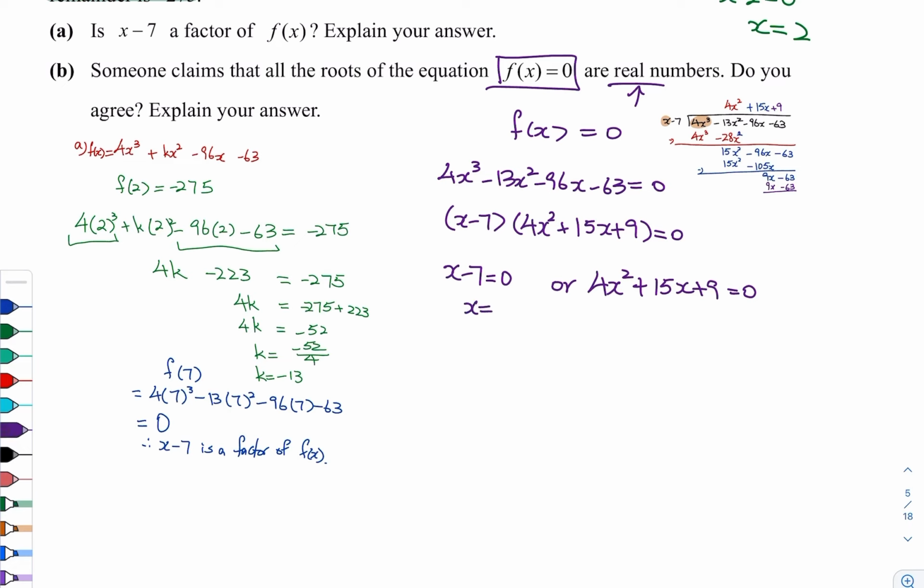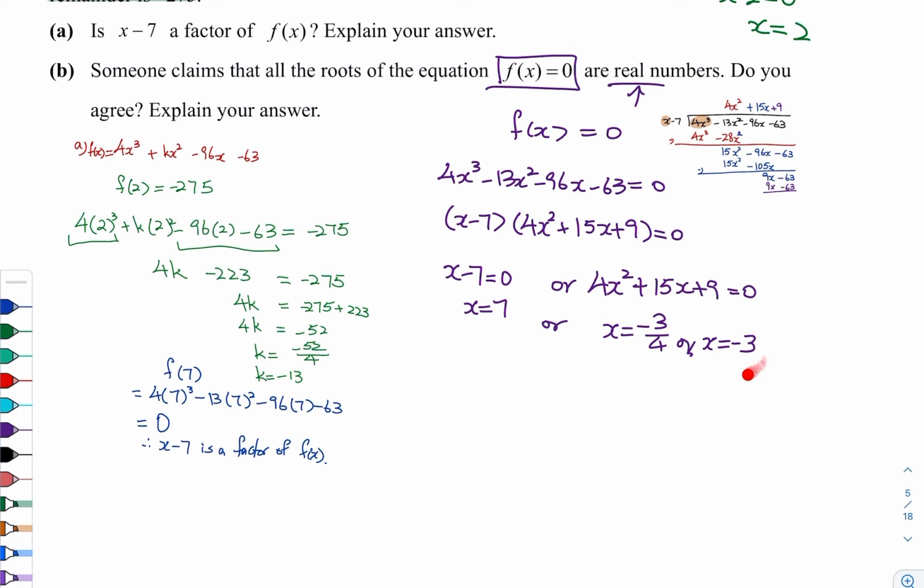From here, x will be positive 7. But from here, just click from the 0, 1, and what do you get? 4, 15, and 9, right? So you get your x as negative 3 over 4, and the other one as negative 3. So from here we know that x, this is an integer, this is a fraction, this is an integer.